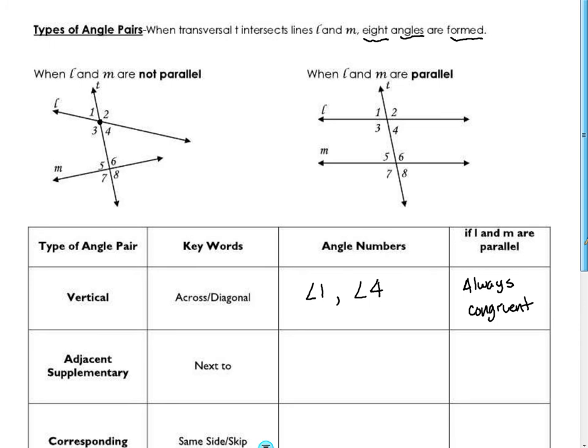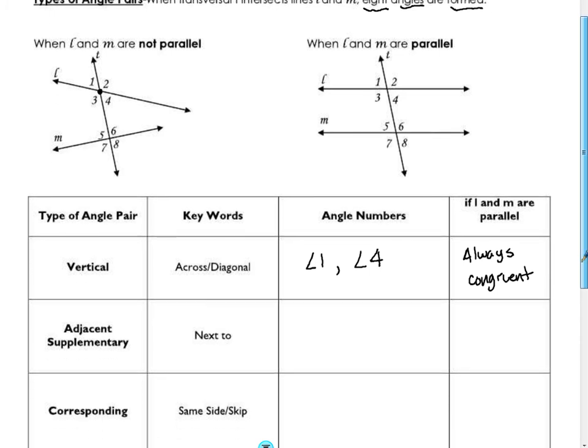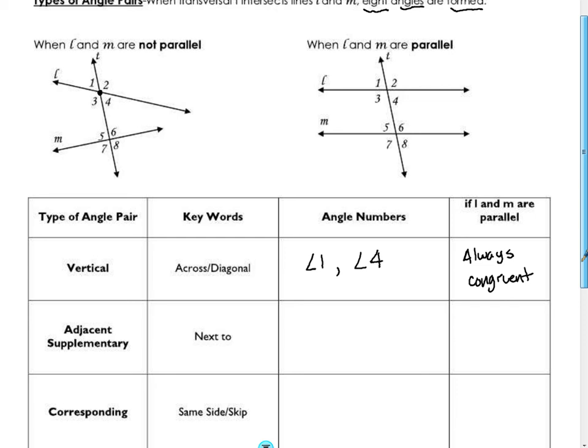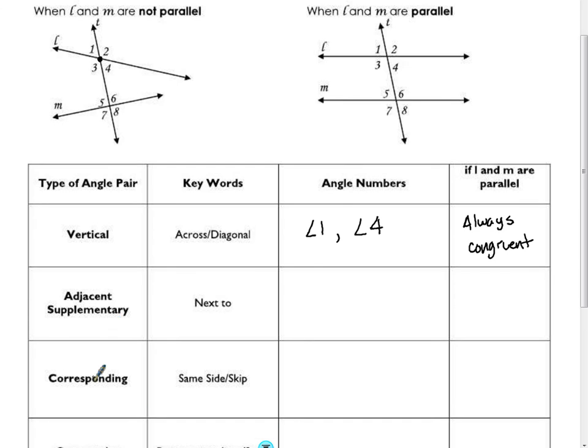Okay? Then we also have adjacent supplementary, which is another way to say a linear pair. Just because angles are supplementary doesn't mean they have to be adjacent. But in this case, since they are adjacent, then we can call them a linear pair. Our keyword to remember is next to.